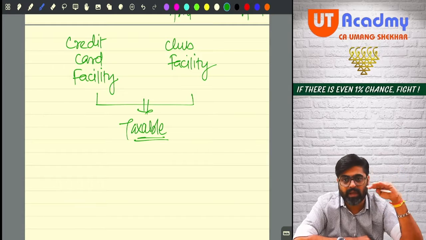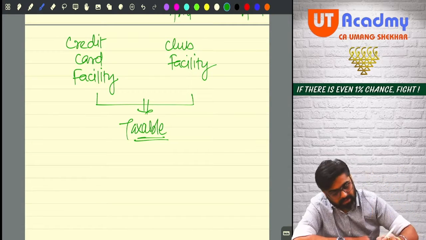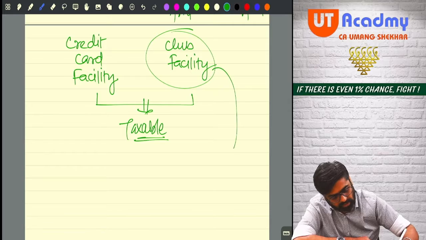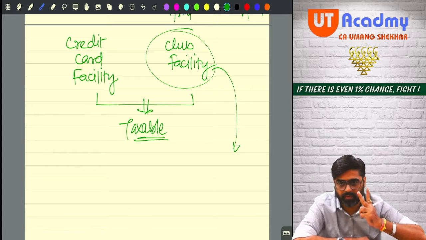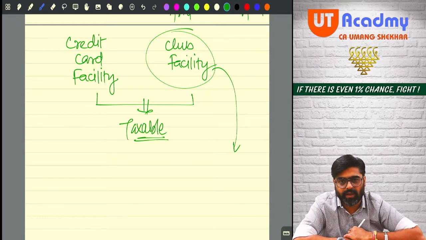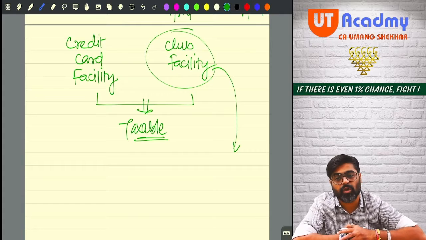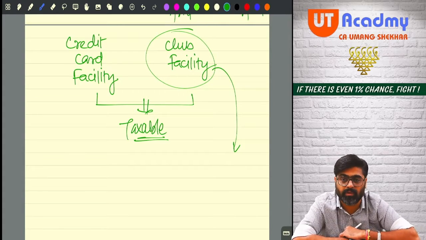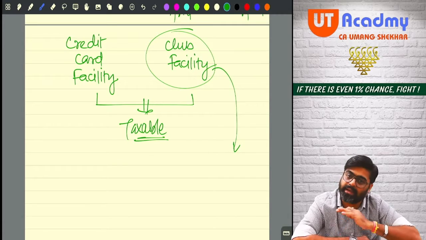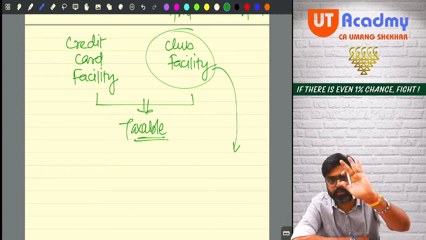Now club facility can also be given. With regard to this club facility, there are two things which I want to tell you. Whenever the club facility is given, it is enjoyed by the employee and his family members, household members. So whatever amount the employer spends on the club facility for the employee or any of his household members, that entire amount will be a personal benefit for the employee.